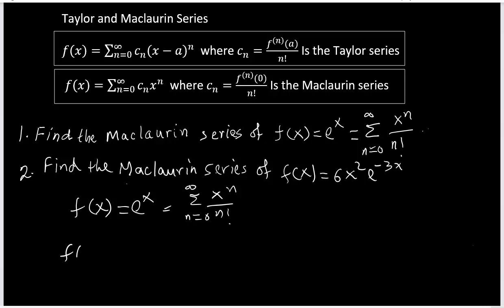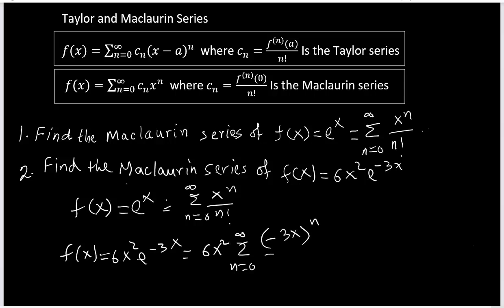So when I'm having f of x is 6x squared e to the negative 3x, first of all, e to the x compared with e to the negative 3x, you need to replace your x by negative 3x. So you're writing here 6x squared, summation from 0 to infinity, negative 3x to the n over n factorial. And then we do some simplifications.